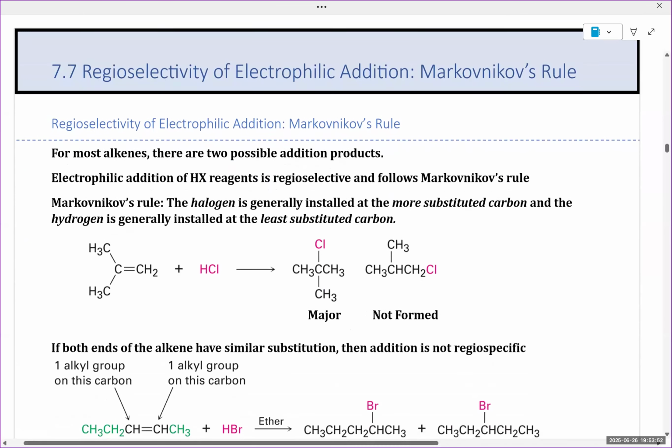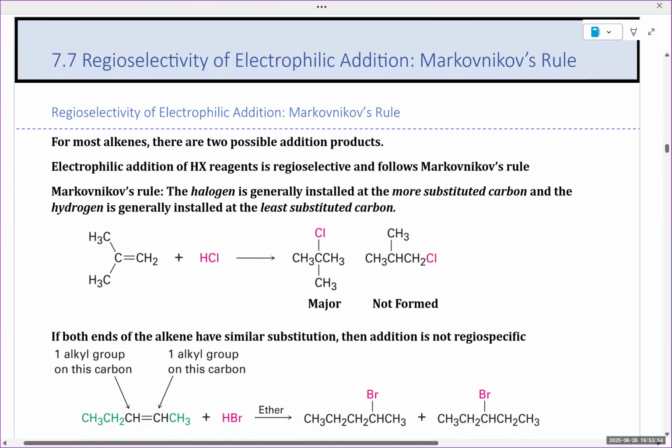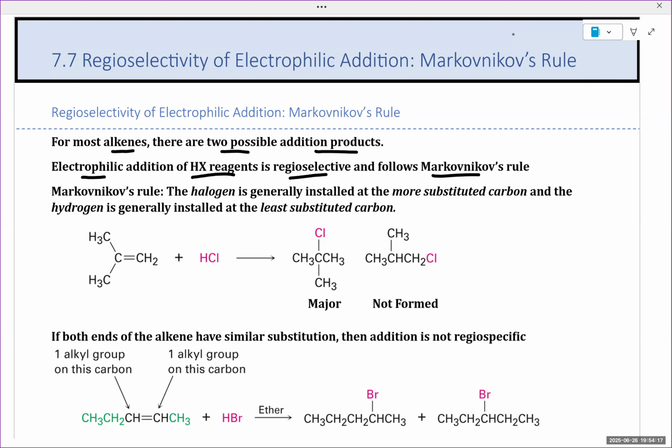Let's talk about the regioselectivity of electrophilic addition, and let's talk about a rule known as Markovnikov's rule. As we've seen, for most alkenes, there are two possible addition products. Electrophilic addition of HX reagents such as hydrochloric, hydrobromic, and hydroiodic acid is regioselective and follows what's known as Markovnikov's rule.